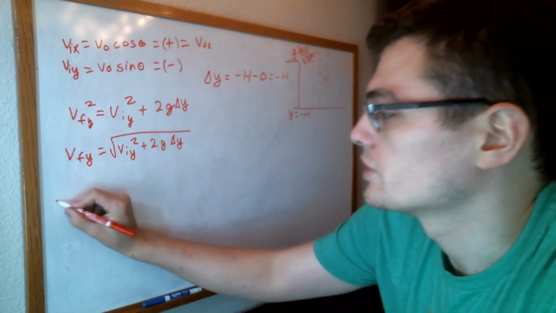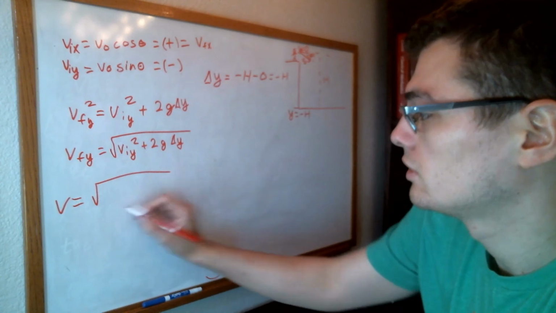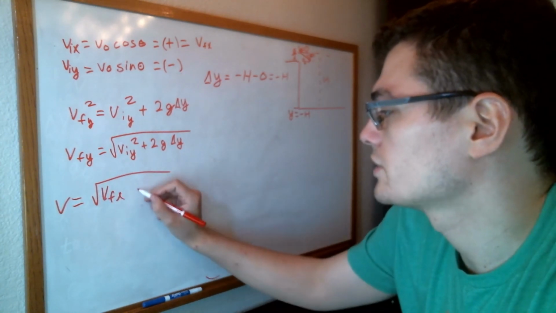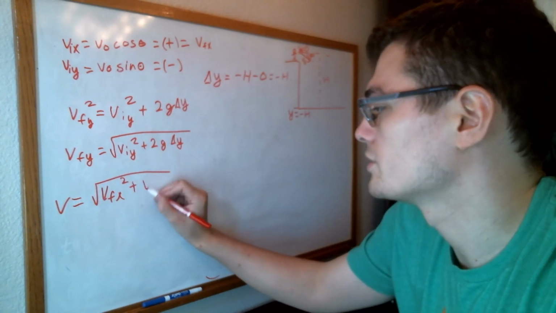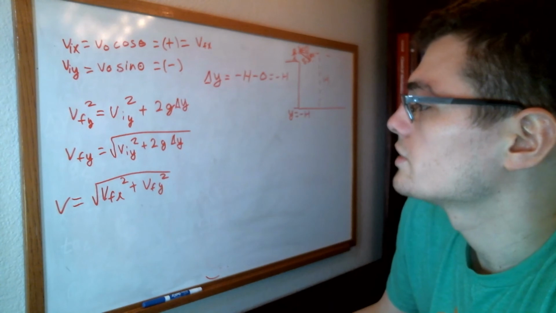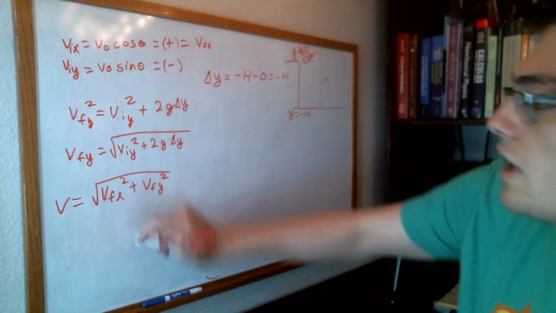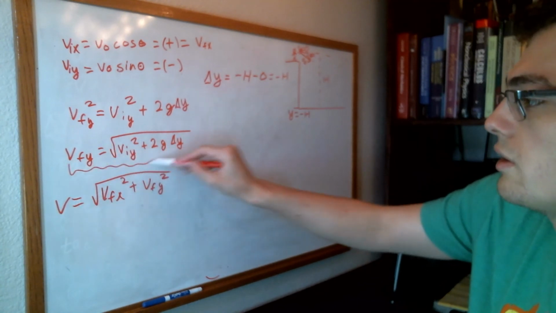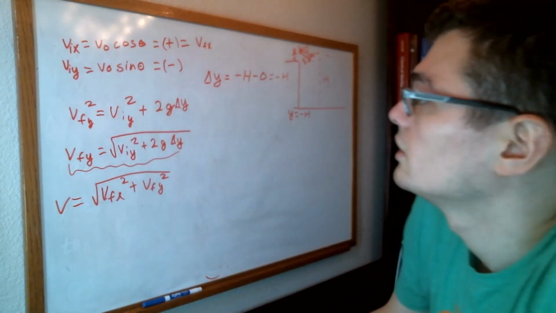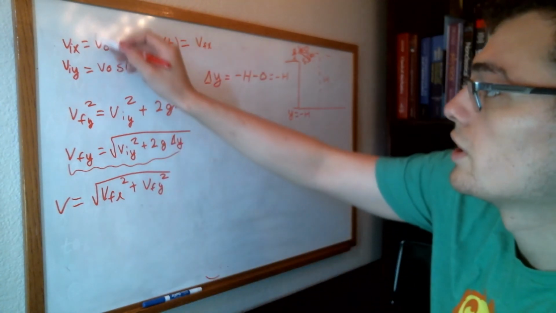So now we just need to take the final velocity here, which is going to be equal to the square root of vfx squared plus vfy squared. And we have vfy, and we don't even need this here because we can just use this quantity and plug this in here. And we have what vfx is. We just need to square this.